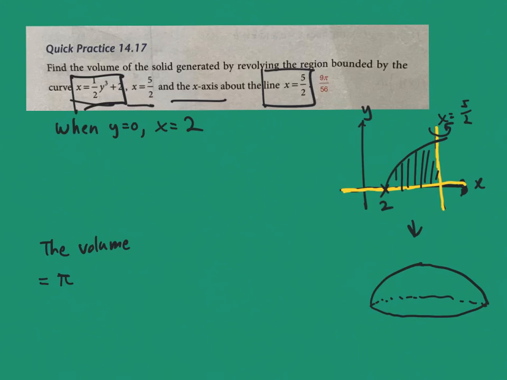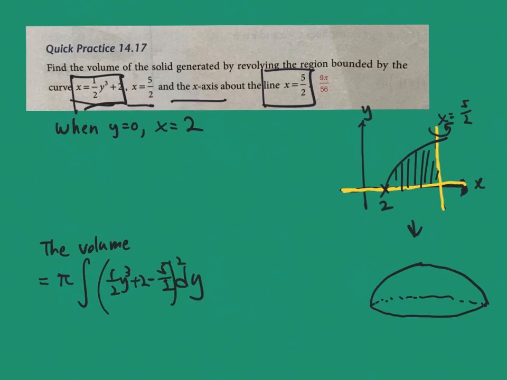Therefore, the volume equals pi times the integration, and dy. You can remember it like this. The function inside should be in terms of y. We use the curve, 1 over 2 times y to the power 3 plus 2, minus the axis of revolution, 5 over 2, and take the square.